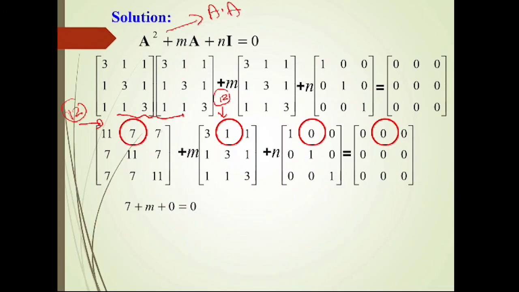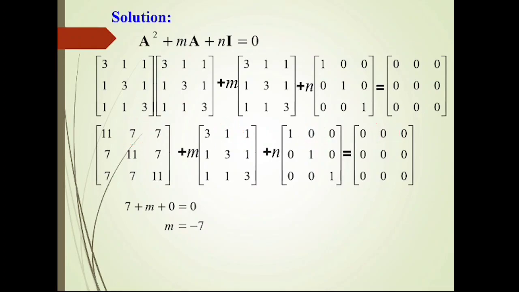And why did I choose this first row and second column? Well, that's because it makes my life easier to solve the question, since n times 0 is just 0. If I choose the first row and first column, I will still have the value n. So from here, I will get my answer m as equal to -7.